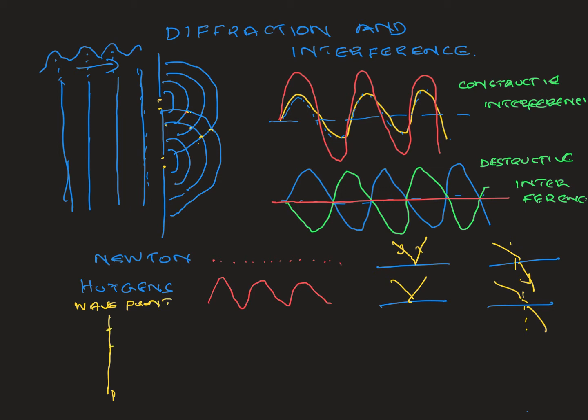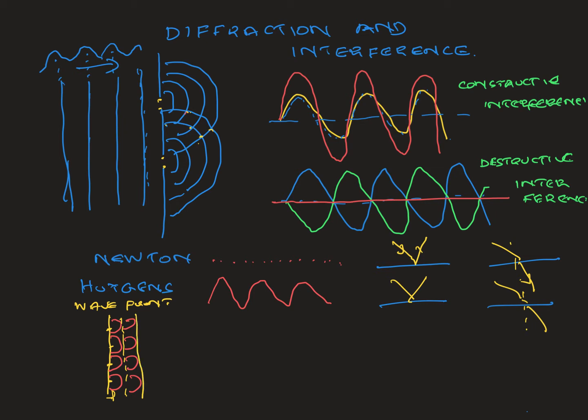He said that every point in the wavefront is a source of another wavelet. Every point. So the next wavefront will be a tangent to all these wavelets. That's how light propagates. Then we have another series of wavelets, and tangent to those wavelets we get another wavefront.